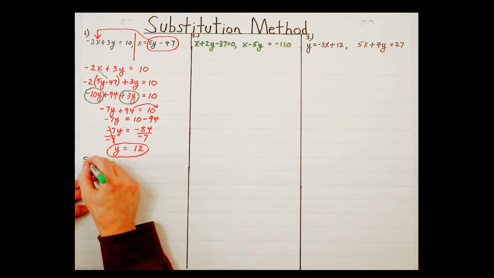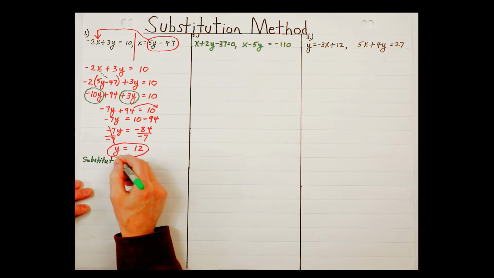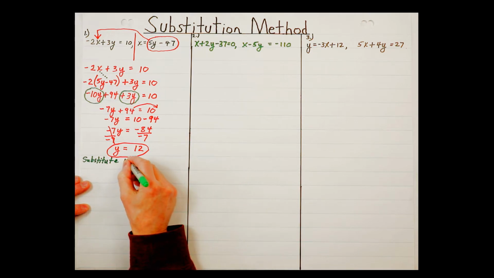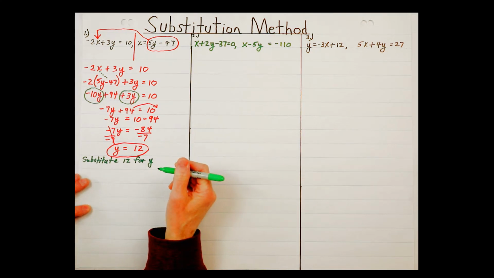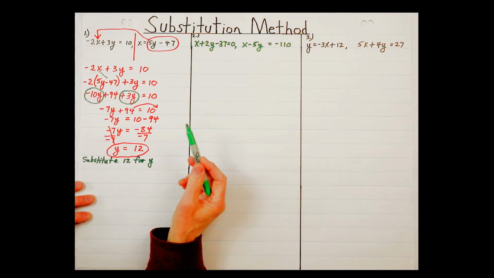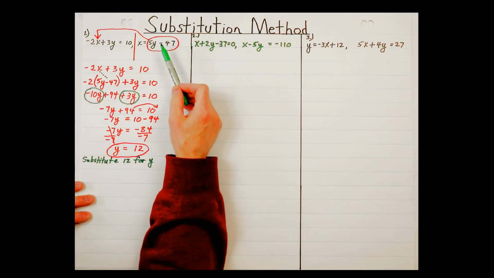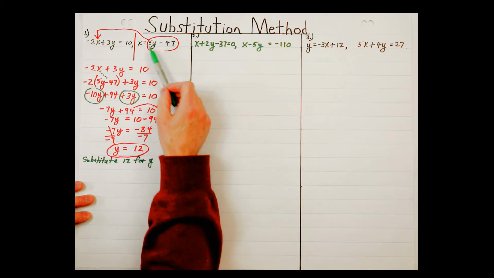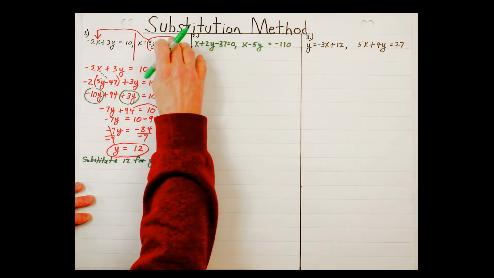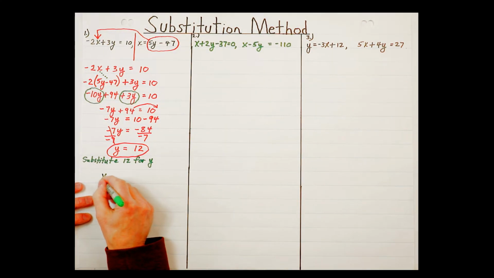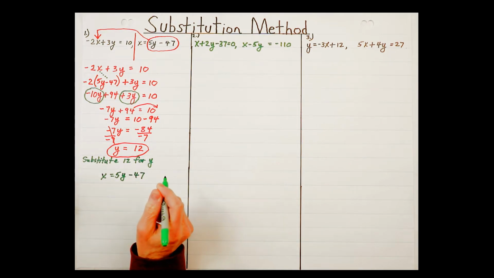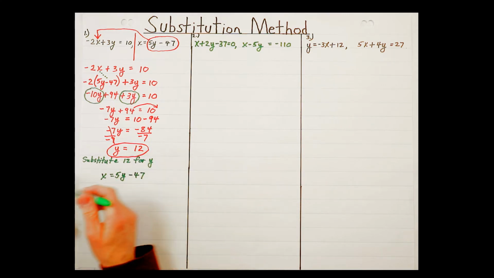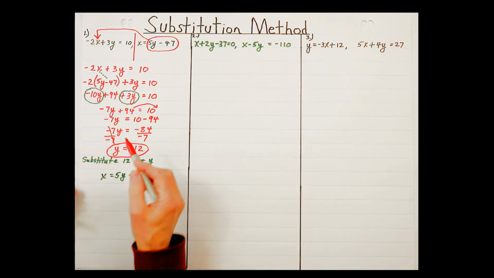So you substitute 12 for y in one of the equations. It doesn't matter which one. These are both pretty easy to work with. I think that one over here might be easier to work with. So x equals 5y minus 47. So the 12 goes in for y, right?